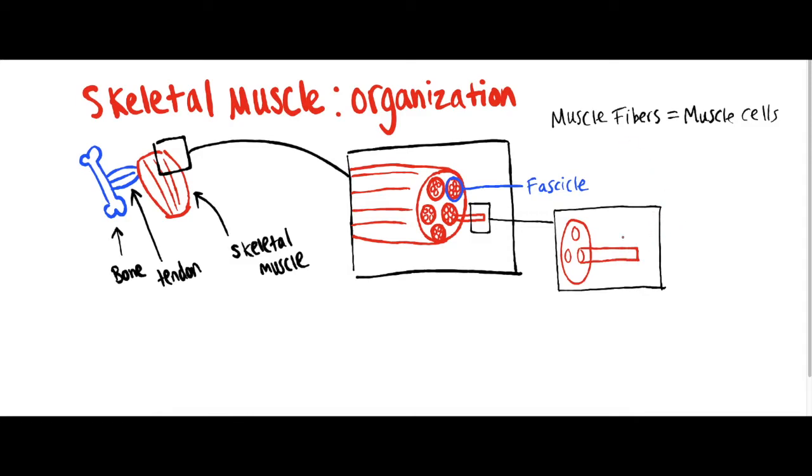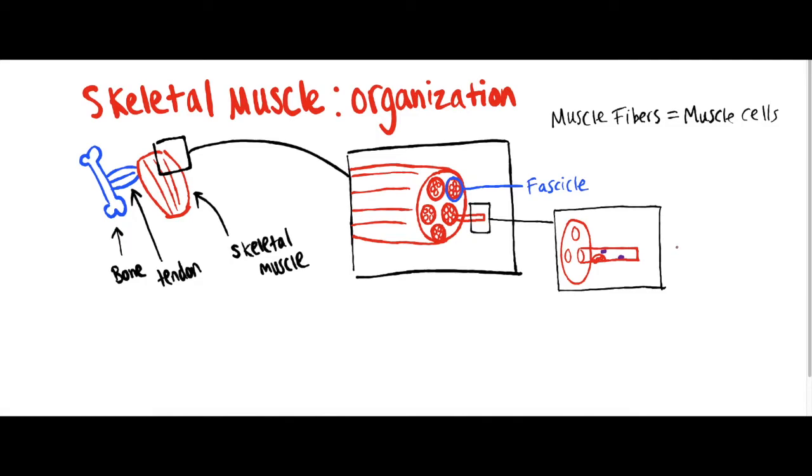Since a muscle fiber is a muscle cell, it's going to have the characteristics or the structures of a cell. So muscle fibers have nuclei, or nucleuses. And they also have, remember, mitochondria, which is an organelle. I drew it right here.